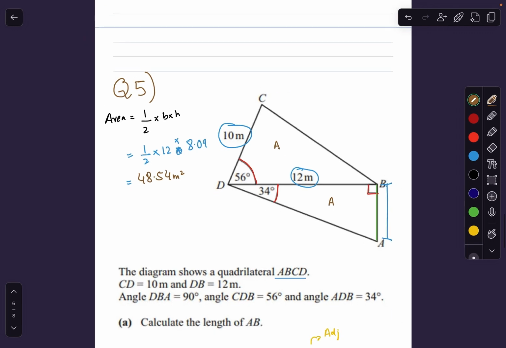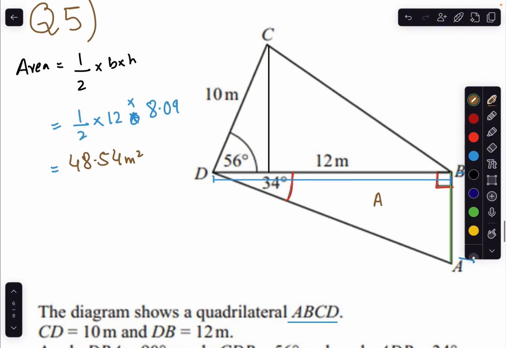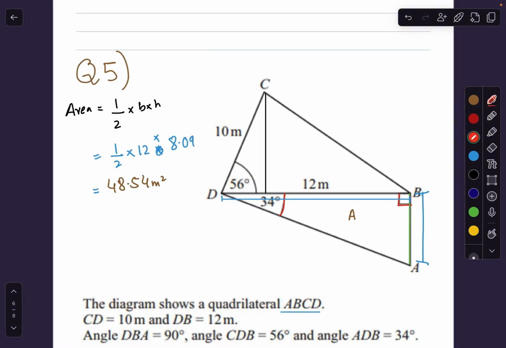Now if we check the other triangle, the base here is again 12. The height is always the perpendicular height from the base to the other vertex of the triangle. When we make it a perpendicular height, there would be a 90 degree angle.